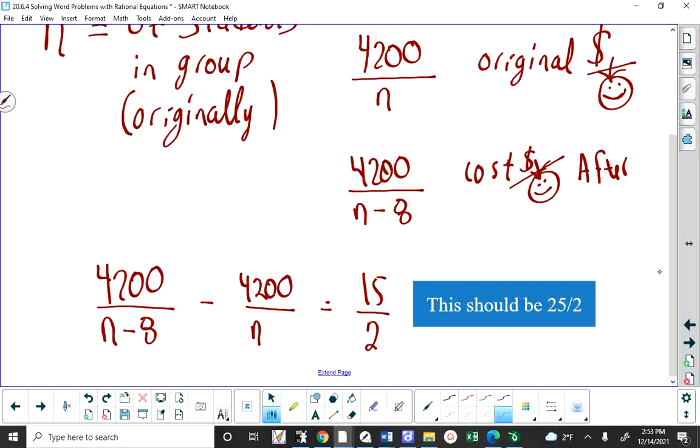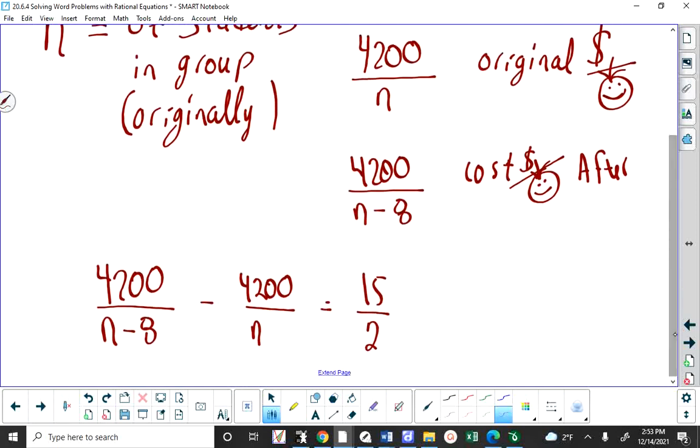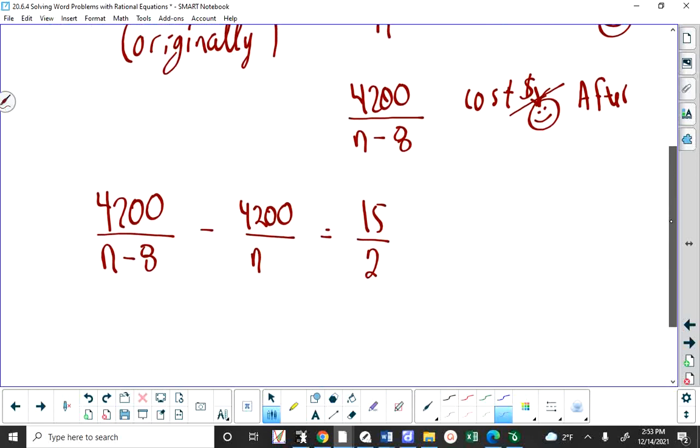In fact, I'm surprised that nobody suggested the same strategy for the speed one. If I understand you right, I believe what Brody is saying is, could we take the original, which is 4,200 over n, and just add the 1250 to get the new one? And the answer is yes, definitely.